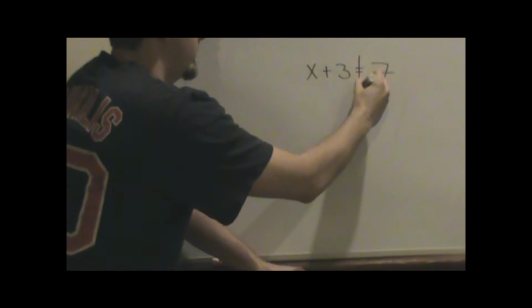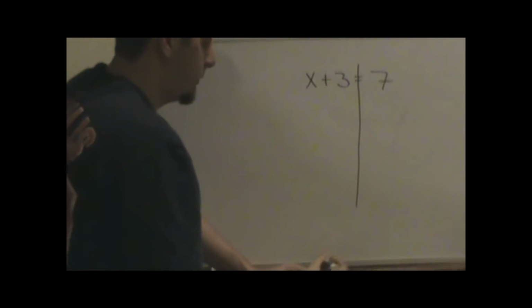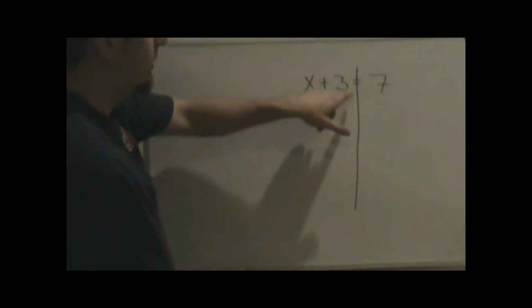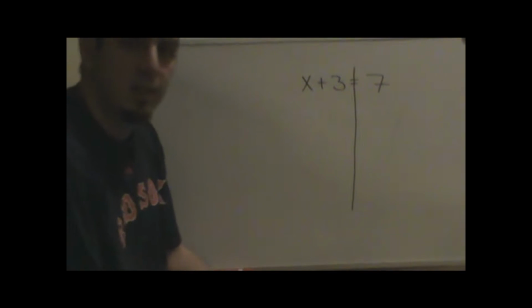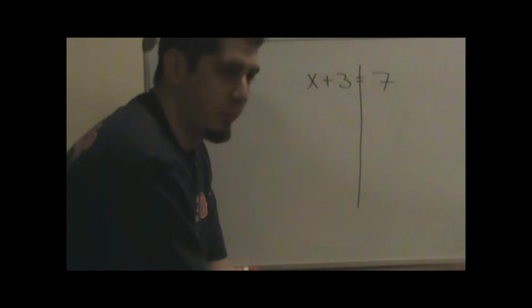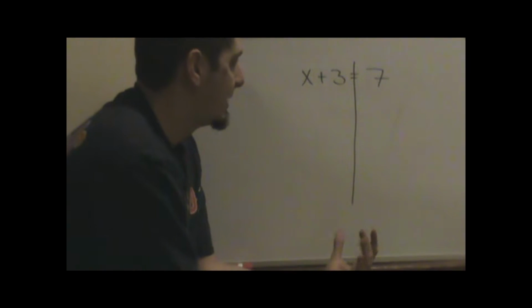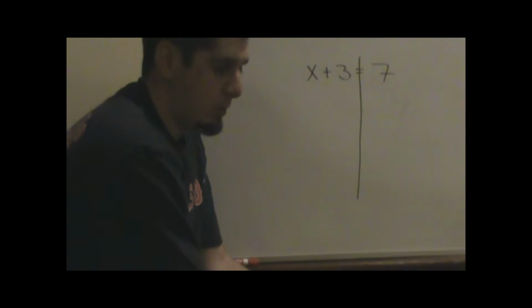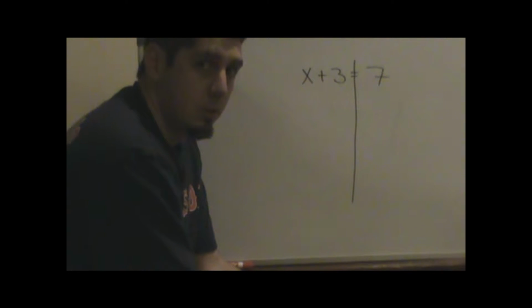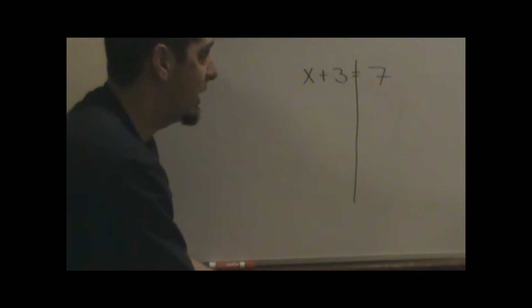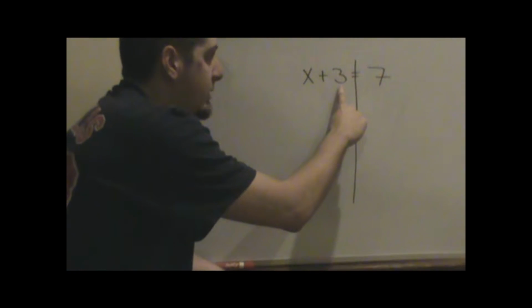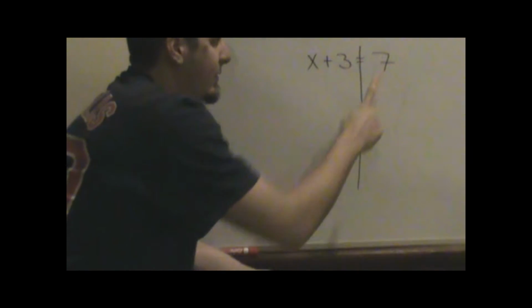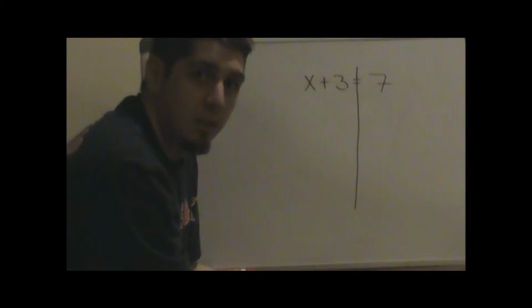So, before I get started, I want to point out what the word equals means. That equal sign is a big deal. And many people, when teaching math, forget to accurately describe what equals is. Equals is telling me that x plus 3 and 7 are the same thing.